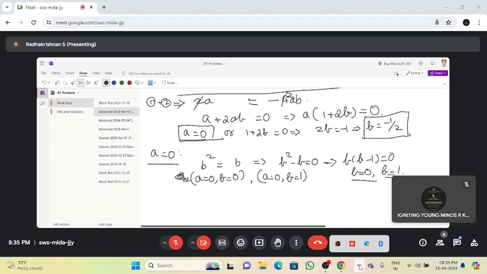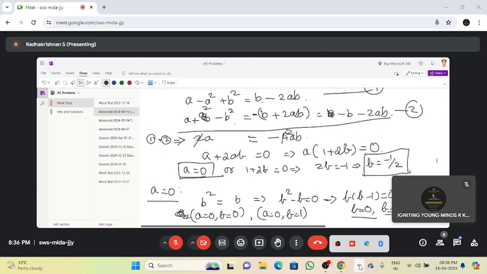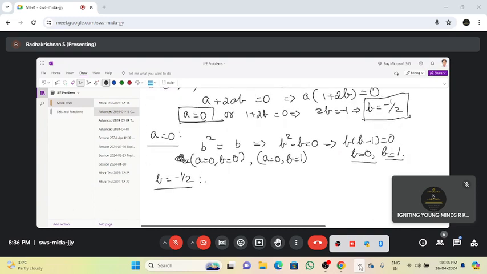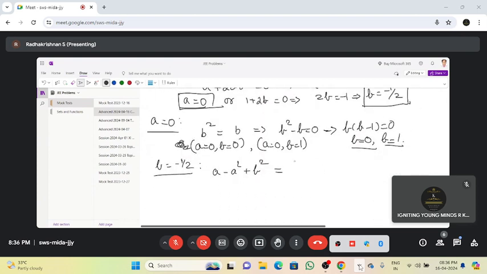Then for b equal to minus half, there are solutions, which is important. a minus a square plus b square equal to b minus 2ab.